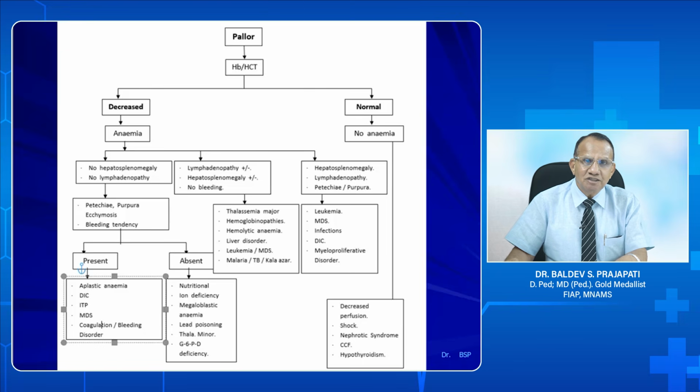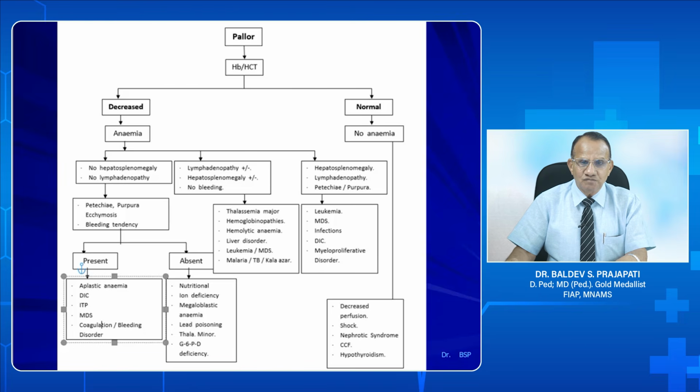But if these manifestations of bleeding are absent, the most common cause is nutritional, maybe iron deficiency anemia, maybe megaloblastic anemia, or some rare condition like lead poisoning, or a condition like thalassemia minor, G6PD deficiency, like that.